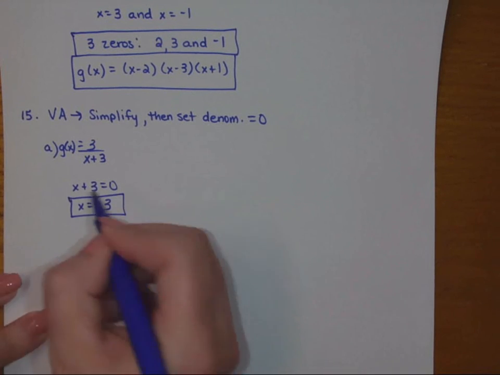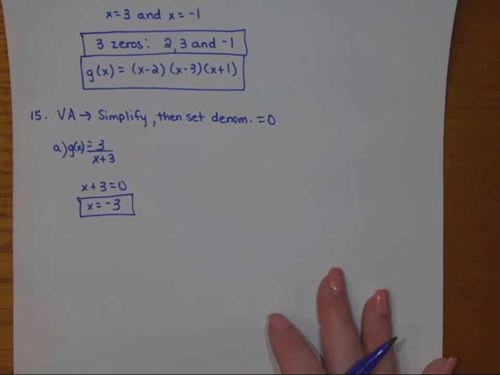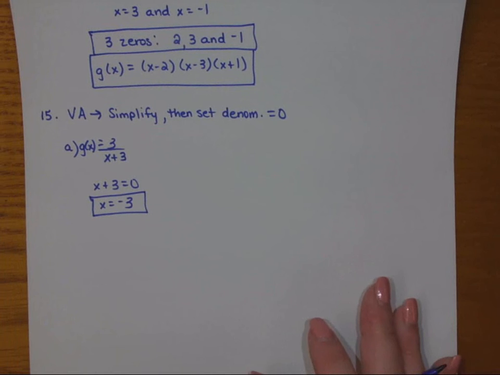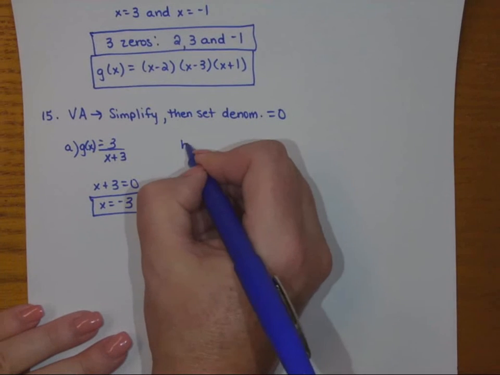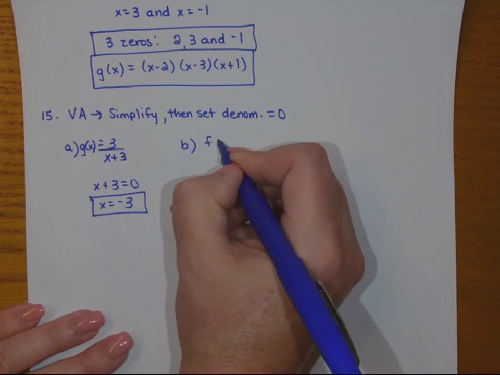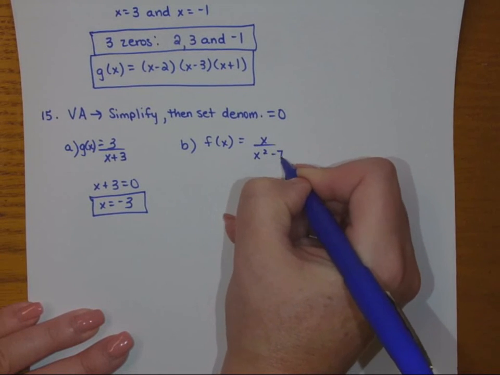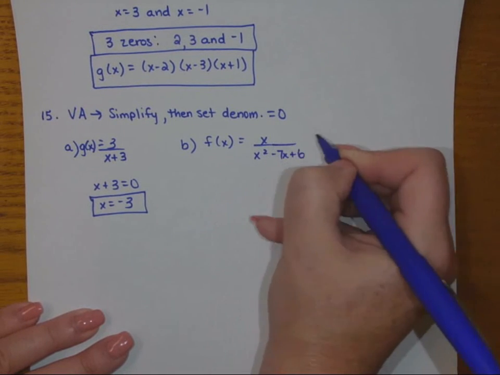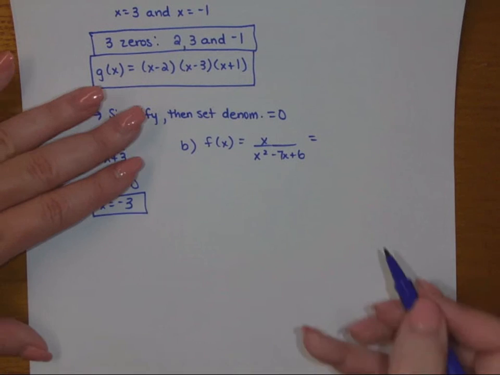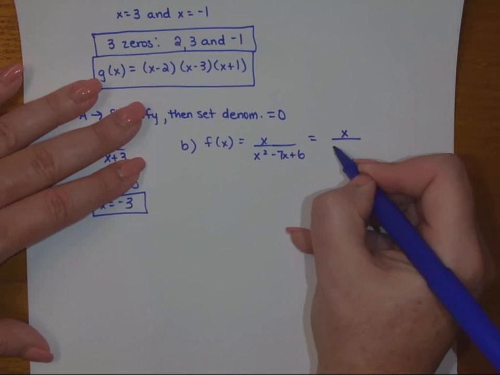Okay, I do want to see it written as x equals because it is a vertical line, so they should look like x equals. Okay, and then we have f of x, which looks like x over x squared minus 7x plus 6. So what we need to do is simplify, or see if we can first.